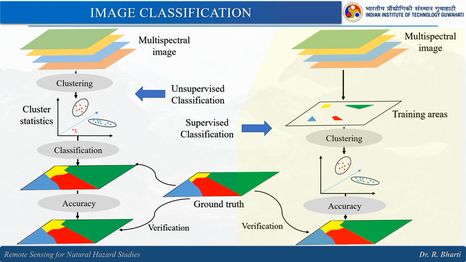Now, we will try to understand this image classification. When we have the remotely sensed image, these images are captured in several bands using different wavelengths to generate them. So, each image has the spectral response of a material or target in that particular wavelength.